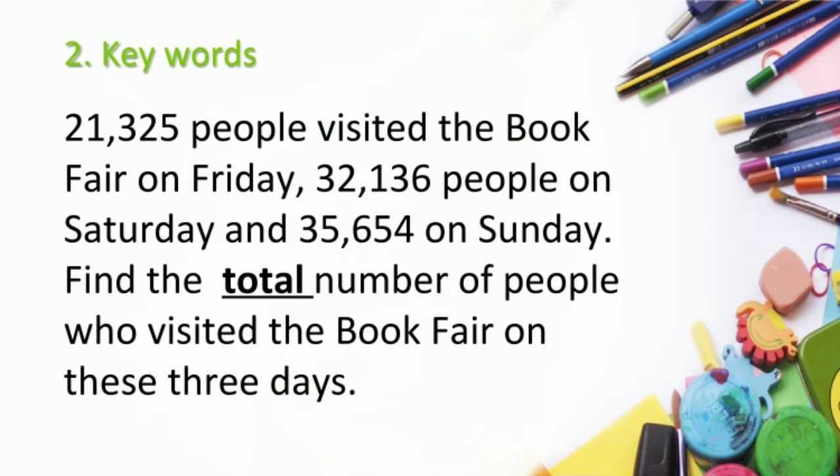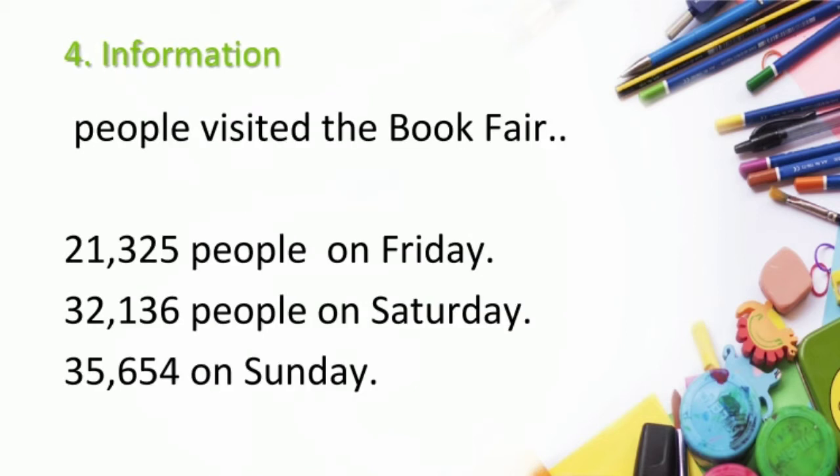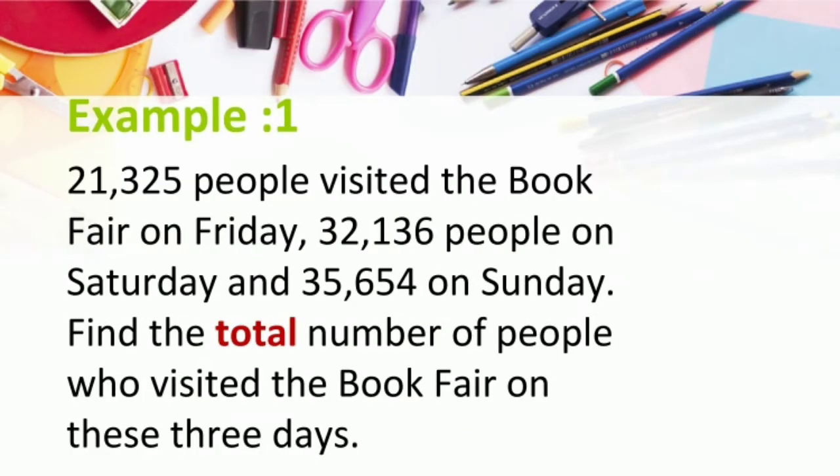This is a keyword for addition. Third trick is operation involved. So, you have to perform addition here. Fourth trick is information. So the first 3 sentences give us the information. So how will we start word problems? Okay, now let's see the solution for this example.